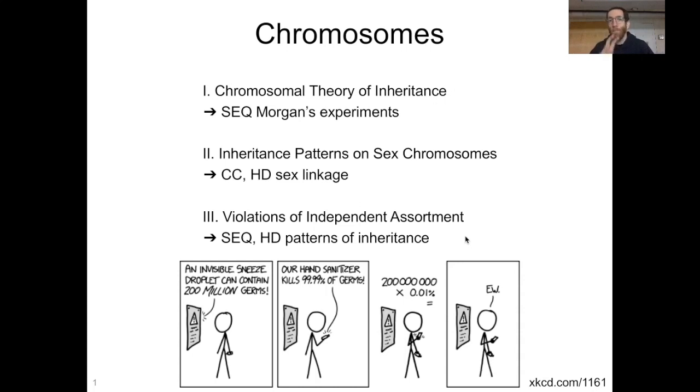Now, last time I mentioned that Mendel didn't quite have this perfectly right because he didn't know anything about chromosomes or linkage or anything, but we know about that now. And when things are linked, that messes with Mendel's idea of independent assortment. So we're going to talk about that in some detail today. So sequence and hypothesize and diagnose the patterns of inheritance, basically the linked versus unlinked and that kind of stuff.